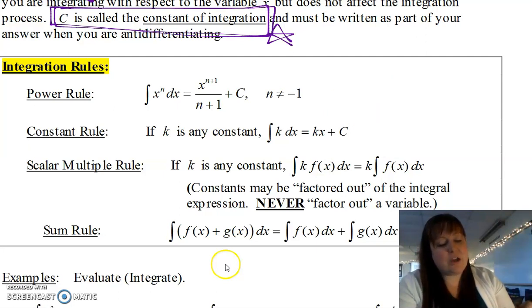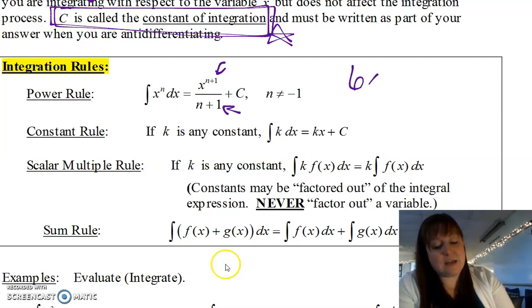This is the general rule for integrals. You add 1 to the exponent, okay? You add 1 to the exponent, and then whatever that number is, once you've added 1, you divide by that same number, right? So if I had 6x squared, I add 1 to the exponent, and I divide by this number right here.